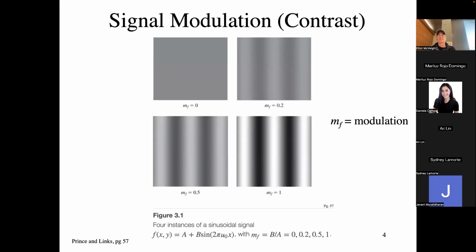So in the book, when they're talking about a way to mathematically look at a particular signal, they use a sine wave, and it's pretty simple, right? So the formula is down here, and it has a DC level. So there's a background level that this image has that's constant. And then on top of that, there is a sinusoidal function that is oscillating, right?